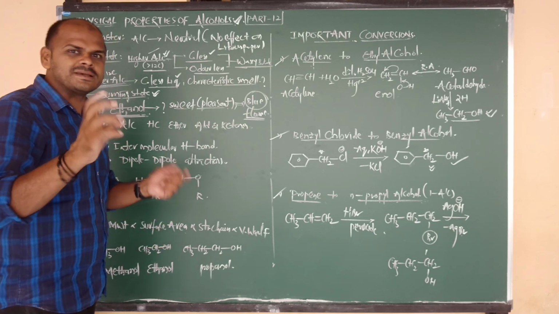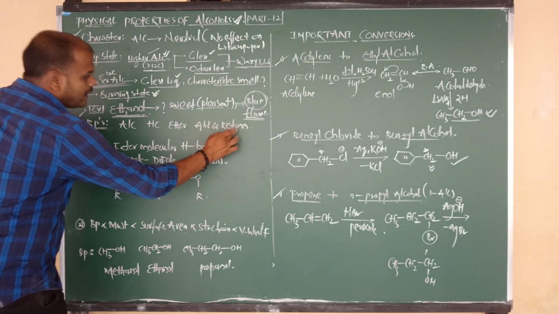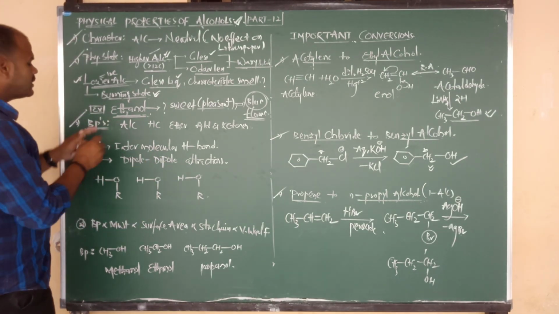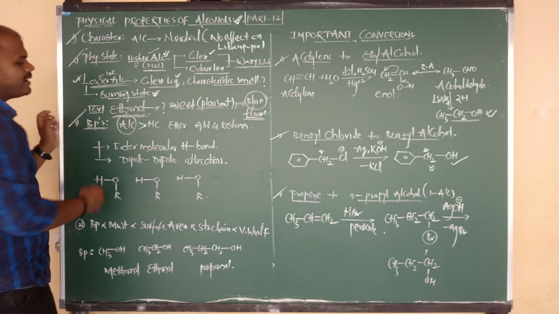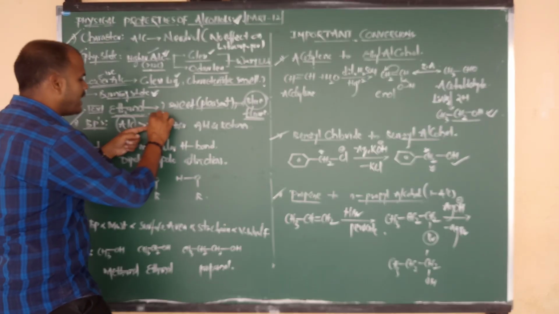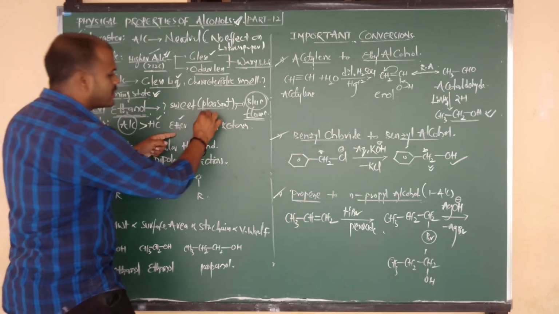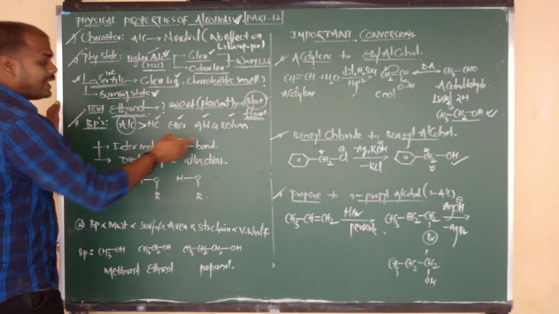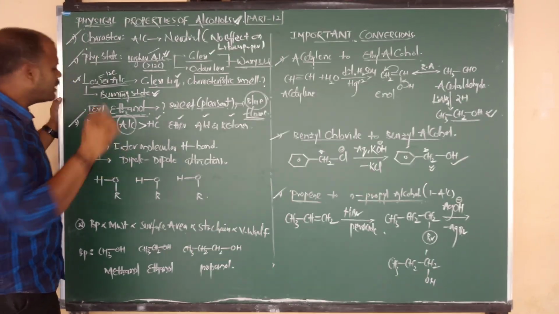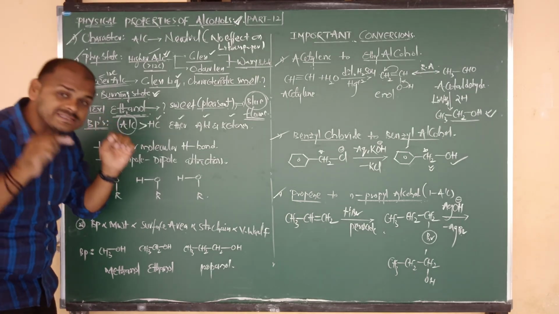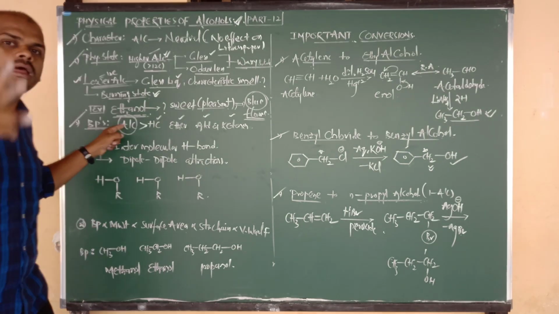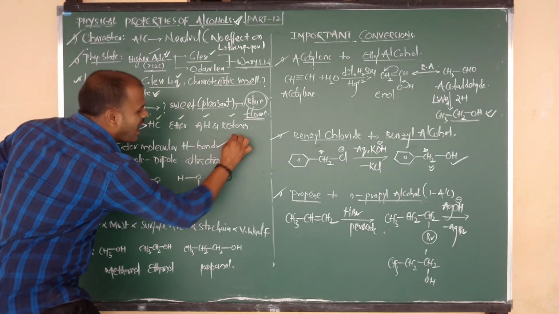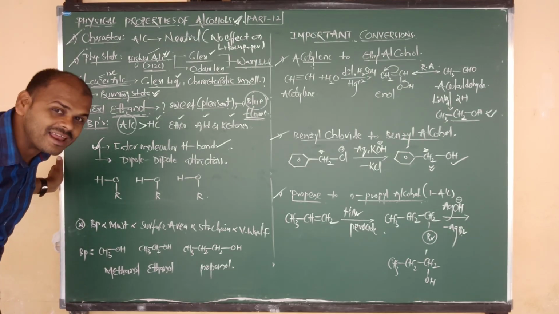But here there is some gap. Even though their molecular masses are the same, alcohols always have very, very high boiling points as compared to hydrocarbons, ethers, aldehydes and ketones. Why? Because alcohol shows two special characteristics. One is that it forms intermolecular hydrogen bonding.